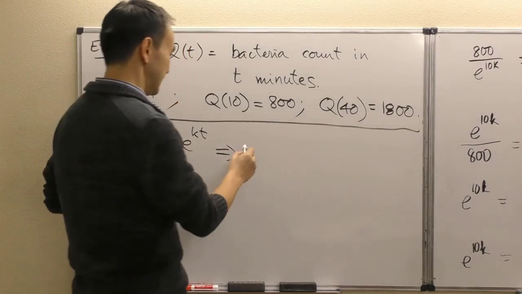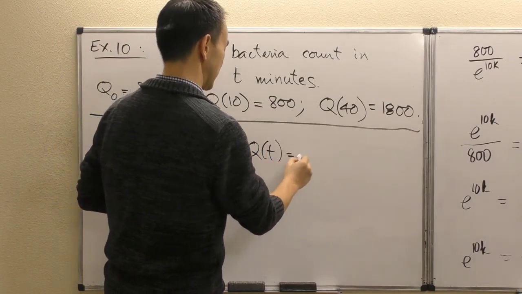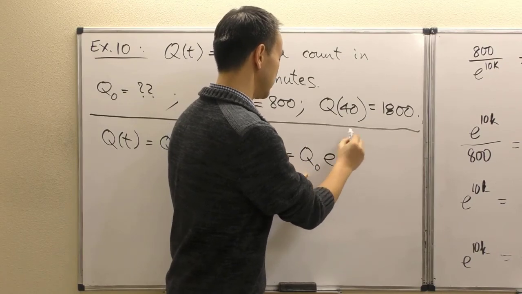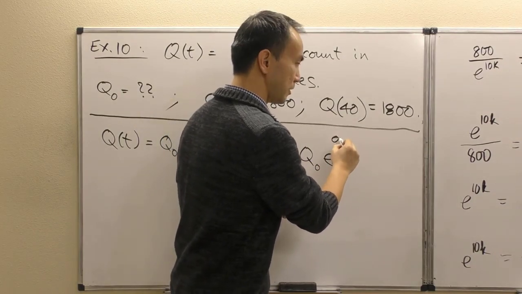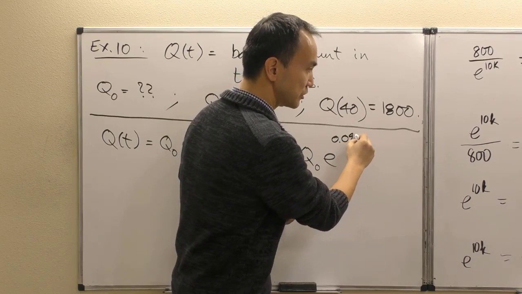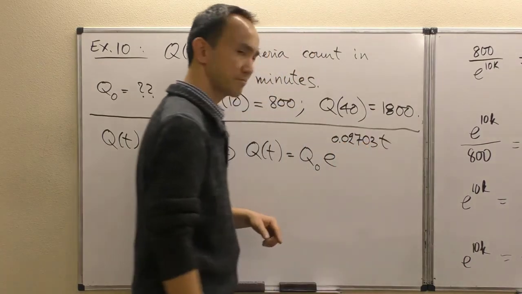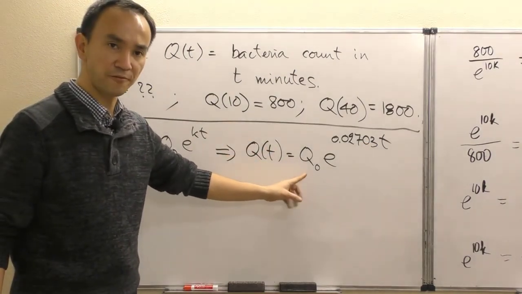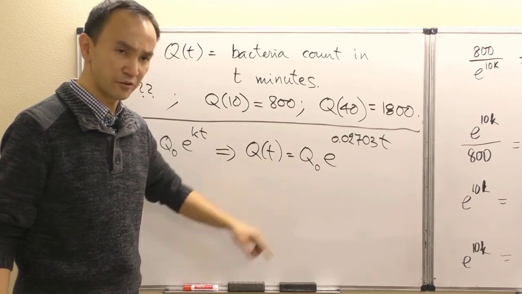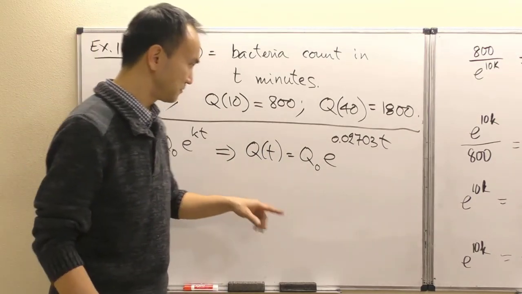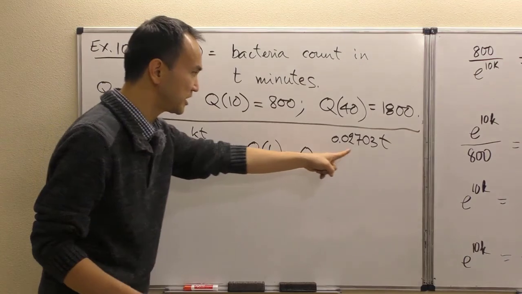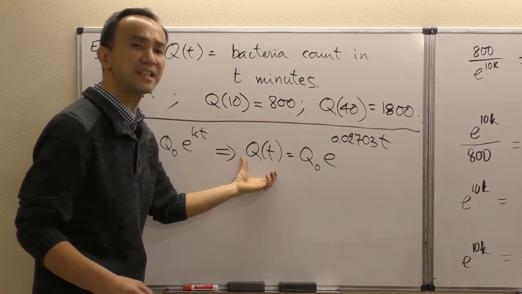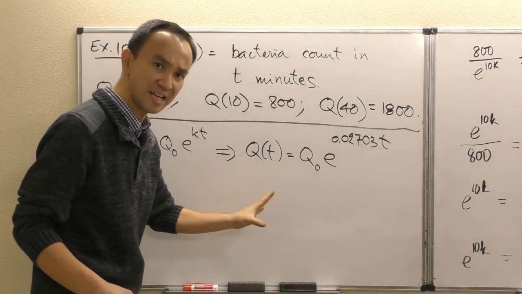So I have q of t equals some q sub 0, initial amount at initial time, times e to the 0.02703 t. Now we have that value. And now we can solve for q sub 0. Anyone can think about substituting the 10 into t and 800 into q. Yes, that's the way, but we actually already had this.